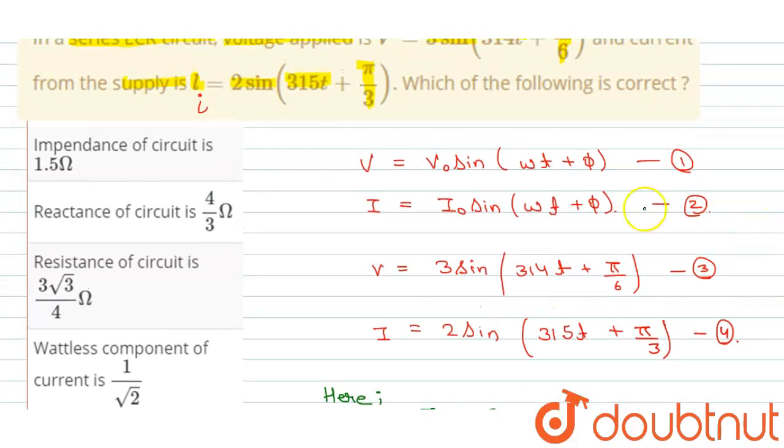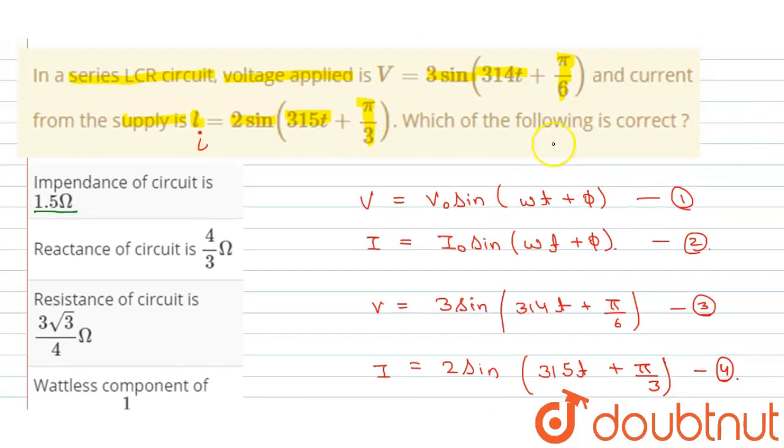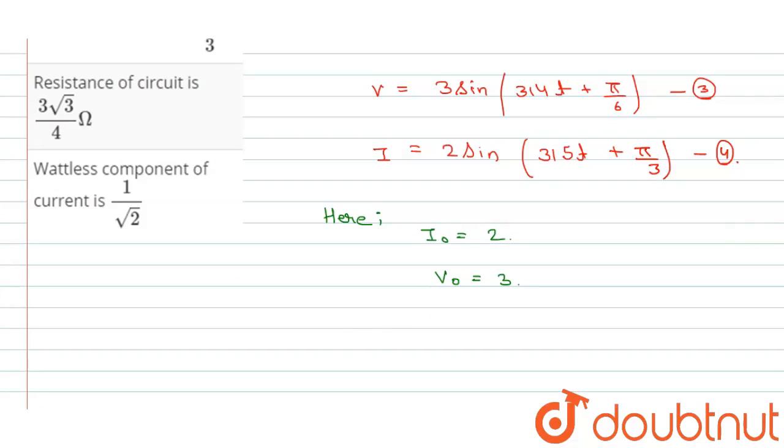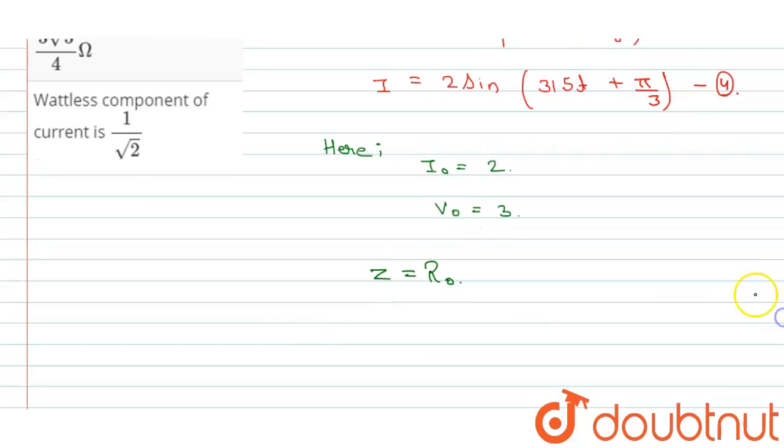In the first option, the impedance of the circuit is 1.5 ohm. So we have to find the impedance to check whether this statement is true or not. In an LCR circuit, the impedance is equal to the resistance, which means Z is equal to R naught.